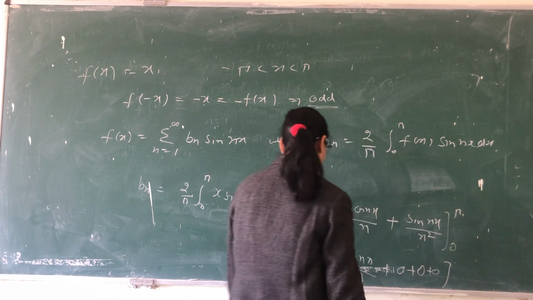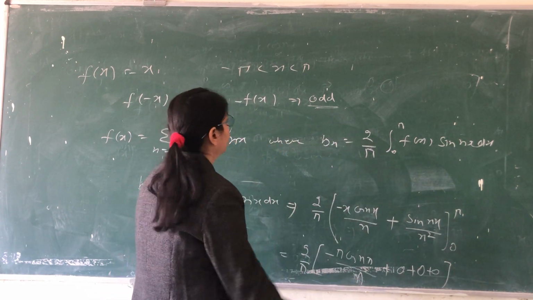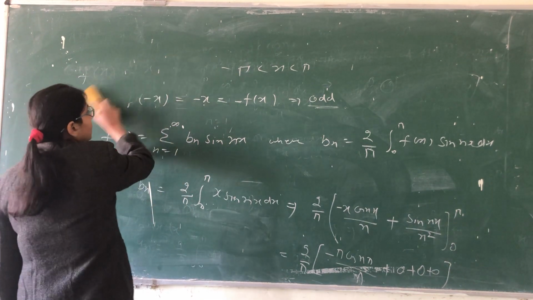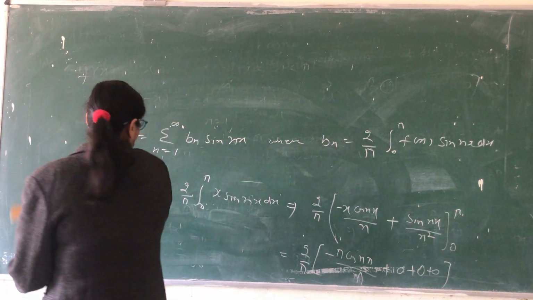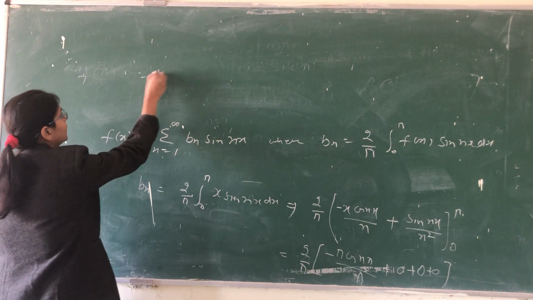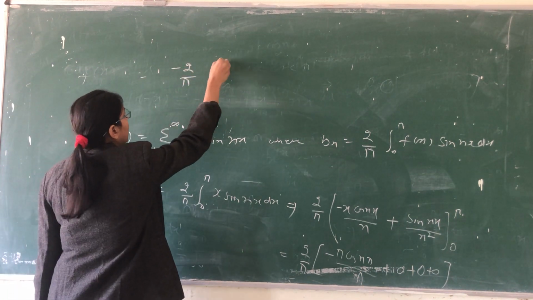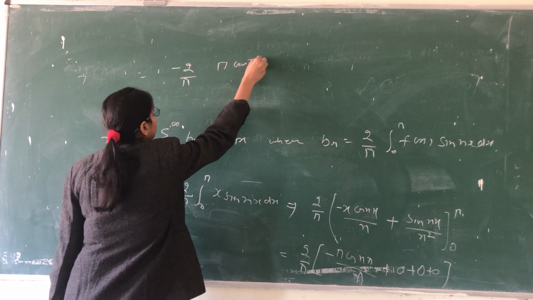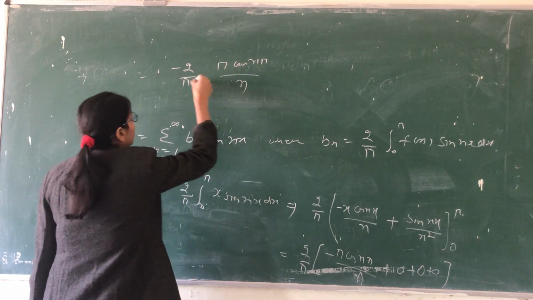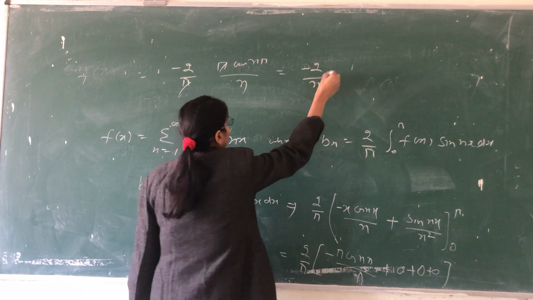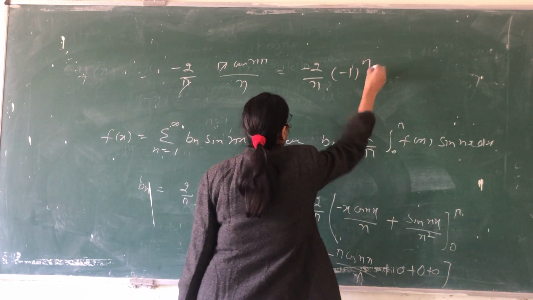So what will we get here? We will get minus 2 upon pi into pi cos of n pi over n. So this is minus 2 upon n cos of n pi, and cos of n pi is minus 1 raised to the power n.